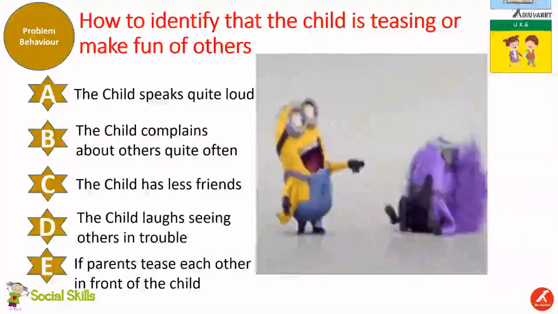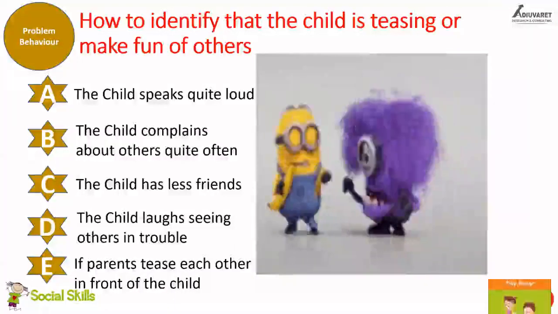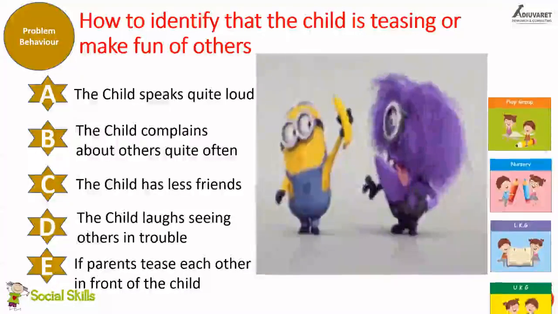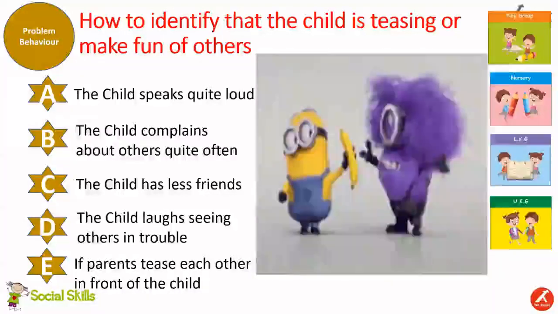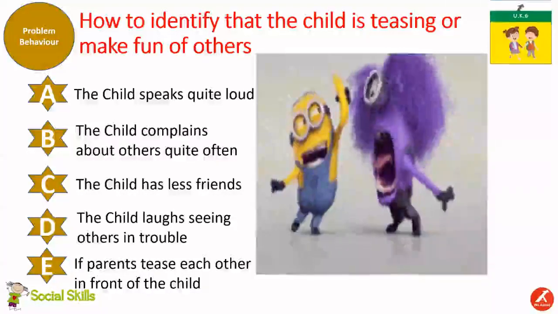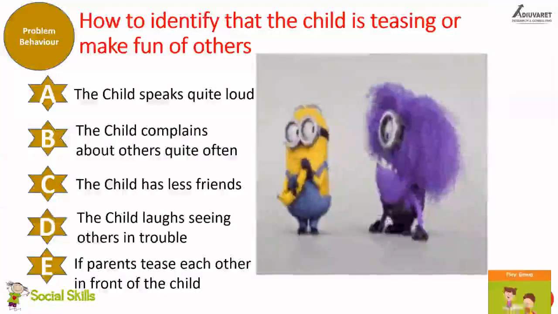So these 5 symptoms are very important for all parents and teachers to keep in mind. While we make a note or checkpoint of the child's social skill development, we ensure such symptoms or signs are not present in our child.